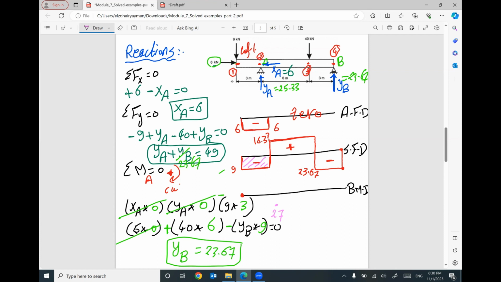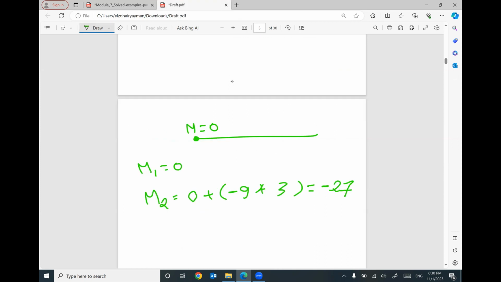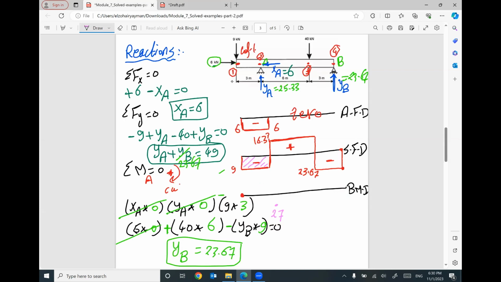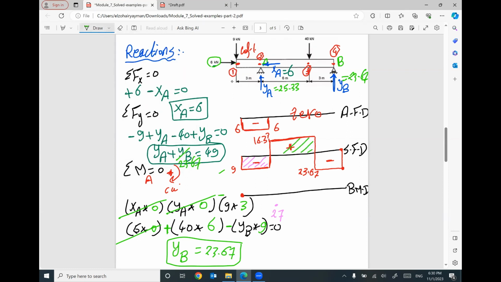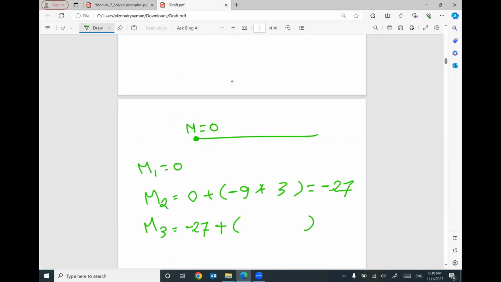What is the next value? M3. M3 will equal M2, negative 27, plus area of shear force diagram between 2 and 3. What is the area of shear force diagram between 2 and 3? This positive rectangle. What is the area of this positive rectangle? 16.33 times 6. Positive.